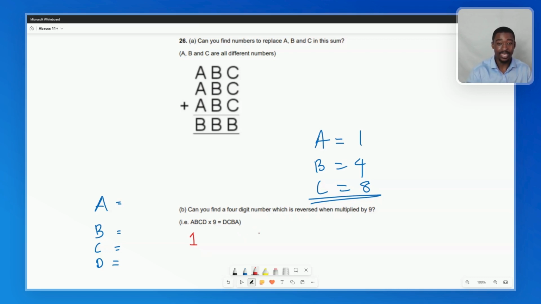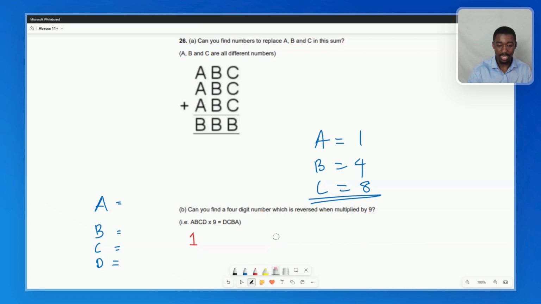if A is greater than 1, let's say it's 2, for example, which would be 2,000, right? Because we have A 1,000, B 100, C tens, D units. If A is bigger than 1 and we have 2,000s, when we multiply that by 9, we get 18,000, which is a 5-digit number, no longer a 4-digit number.